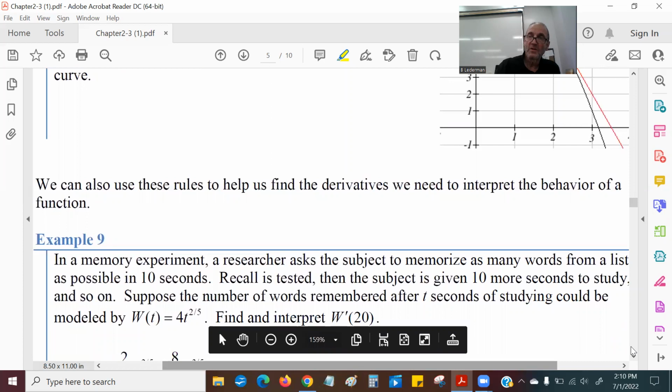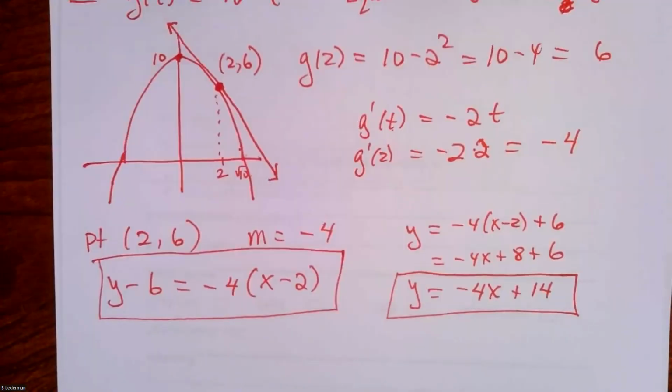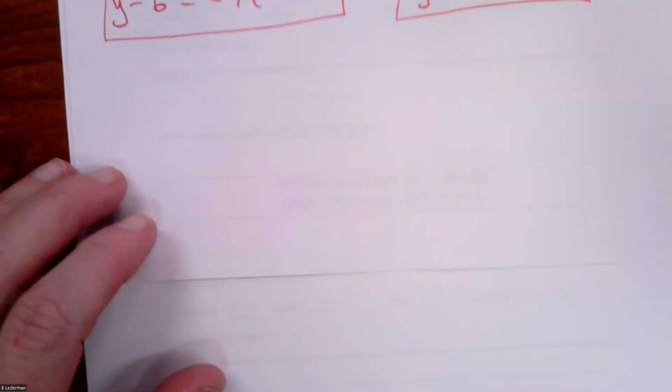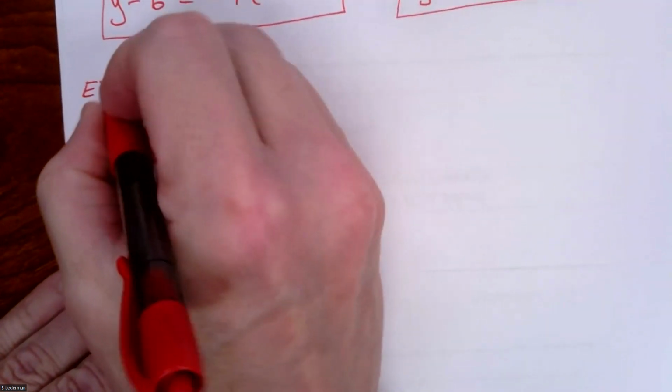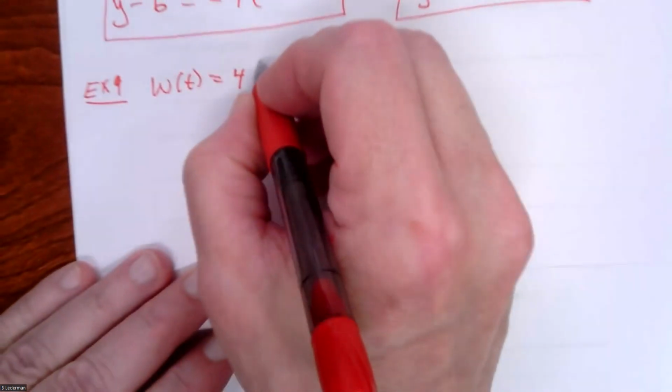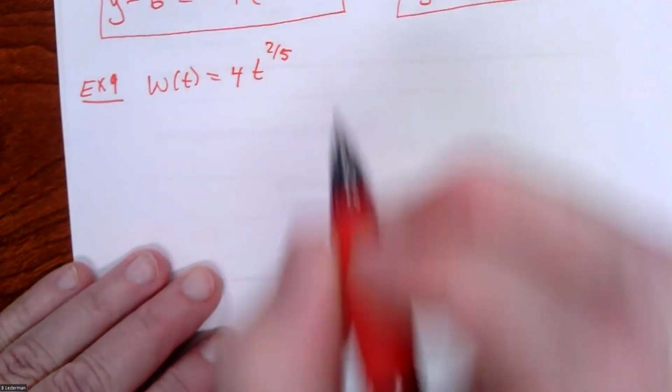Okay, so let's just do that. Example 9, because that's what was in the textbook, and W of t equals 4 times t to the 2/5 power.